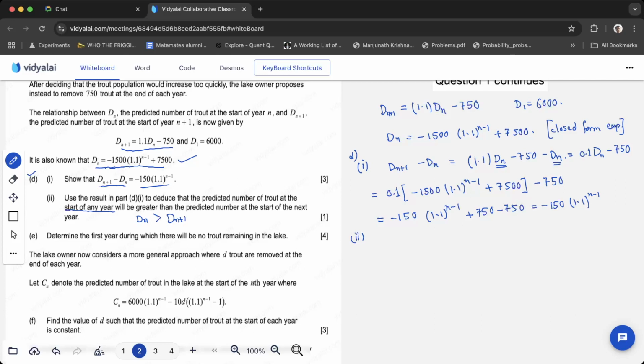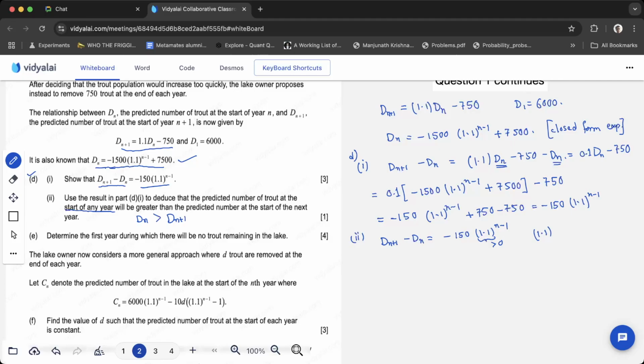Well, we saw in the previous part that dn plus 1 minus dn is negative 150, 1.1 to the power n minus 1. So here you have to argue that 1.1 is a positive number and any exponent of a positive number is positive.